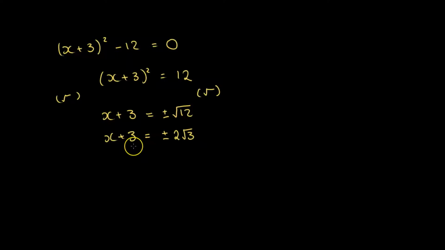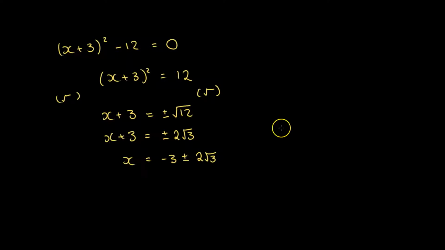And now I have plus 3 on the left, so let's subtract 3. And the common notation is we put the number without a root in front, so we've got minus 3 plus or minus 2 root 3. So using this method, I've worked out the two solutions, because this could be positive or negative.